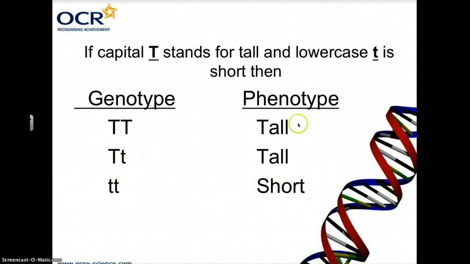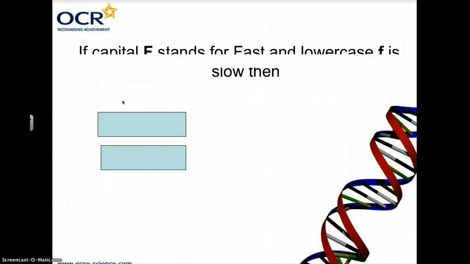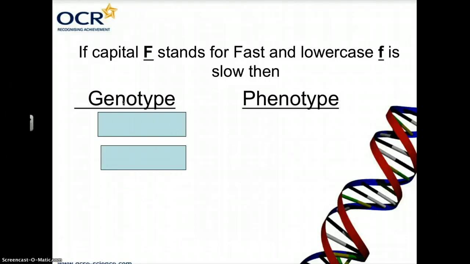So this is a very important data table to really make sure you understand. Let's go the other way for a sec. Let's say capital F stands for fast and lowercase f stands for slow, as if that could possibly be a characteristic, but we're going to go with it. So if you are slow, what I want you to try to think of right now is what your possible genotype could be.